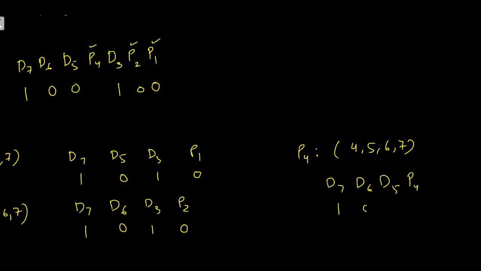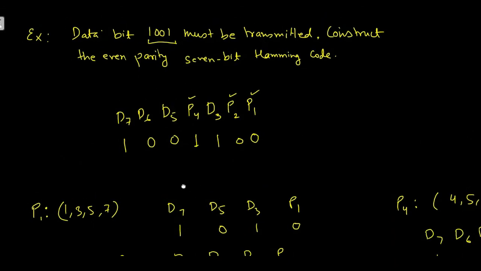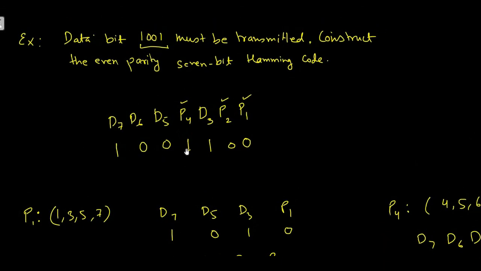D7 is 1, D6 is 0, D5 is 0. Here the total number of ones is 1. To make it even, the value of P4 must be 1. So P4 is 1. In this way we can construct an even parity 7-bit Hamming code. So this is an even parity 7-bit Hamming code.